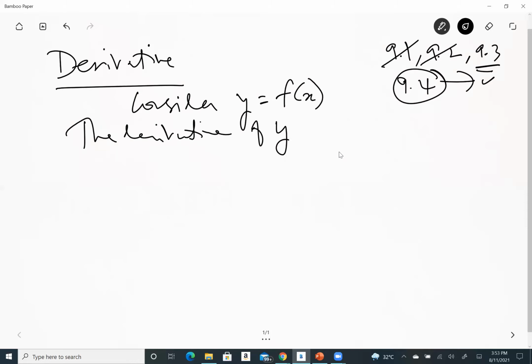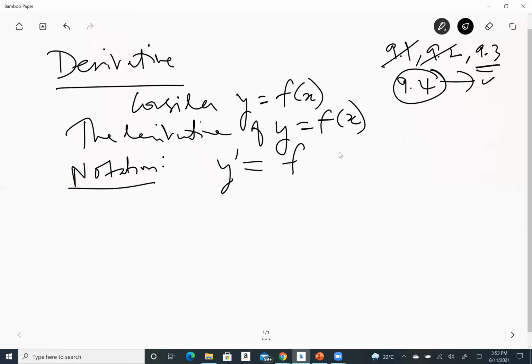I'll give you the notation, how we write it down: y prime equal to f prime of x equal to dy dx.